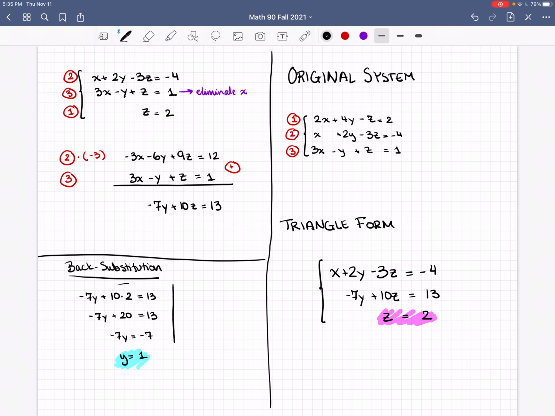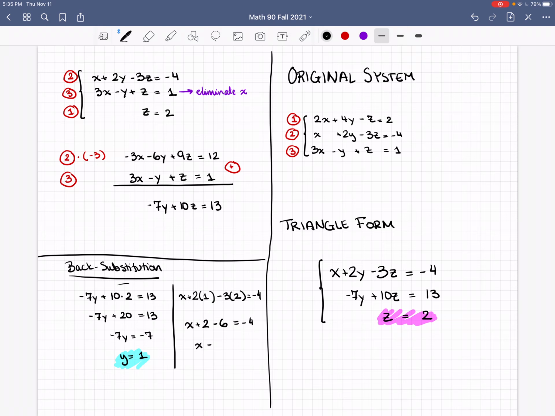Finally, we're going to take the values of z and y that we have now and plug them into the first equation to solve for x. So we have x plus 2 times 1 minus 3 times 2 is equal to negative 4. So that's x plus 2 minus 6 is equal to negative 4.